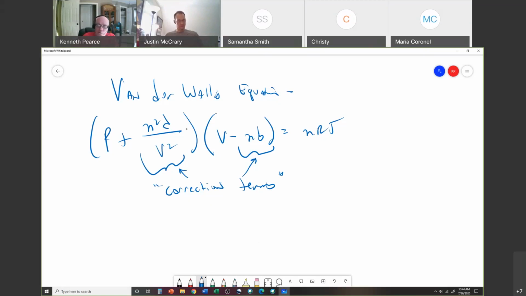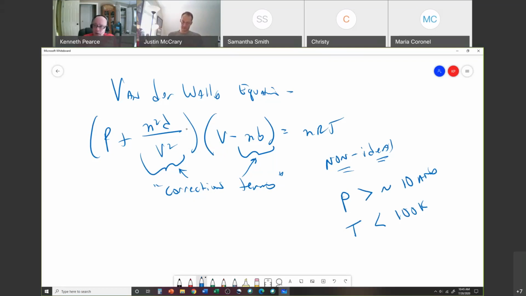The fact of the matter is that this is for non-ideal gases. When does that happen? For pressures greater than about 10 atmospheres and temperatures less than about 100 K. Remember what I said the other day: ideal gases do not have interactions, and they're point masses.